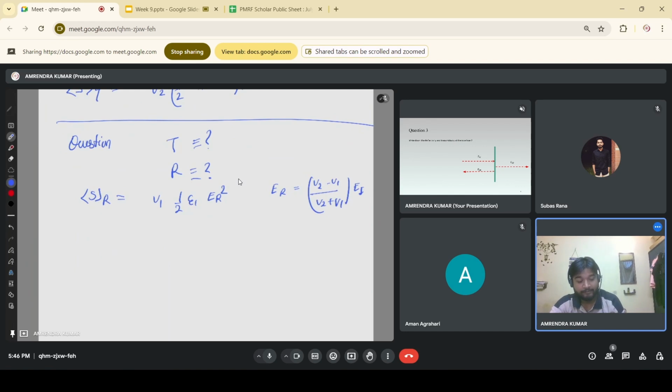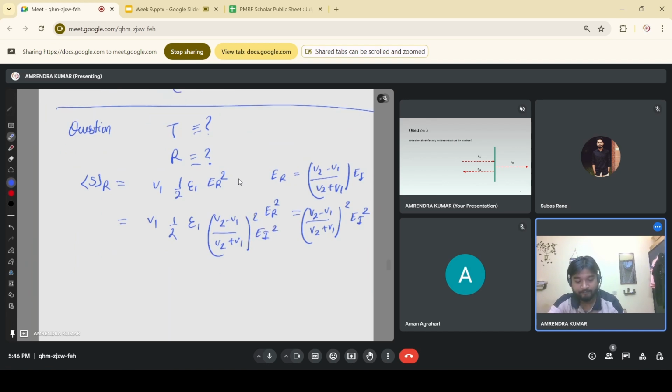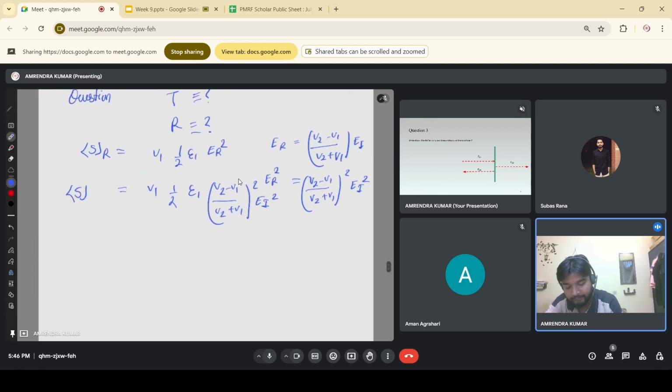Now, if you calculate the square of this, it will be V2 minus V1 over V2 plus V1 whole square, times E_I square. If you put it back here, it will be 1/2 epsilon 1, and then V2 minus V1 over V2 plus V1 square, and then E_I square. So this is the S_R.